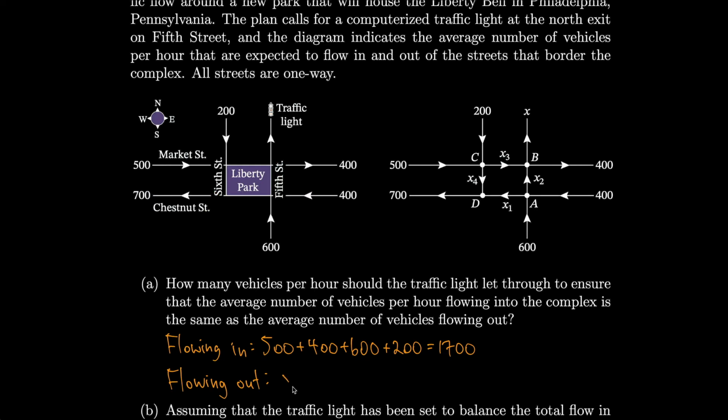So flowing out, we have x plus 700 plus 400. Okay, so that means that if we want 1700 to equal this, notice this is 1100, so x must be 600. So that's how many vehicles per hour the traffic light should let in.